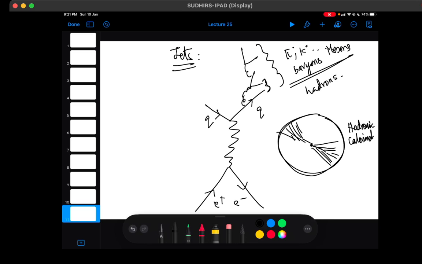All their energy is deposited as a bunch of particles at the same time in the detector. This object is called a jet.